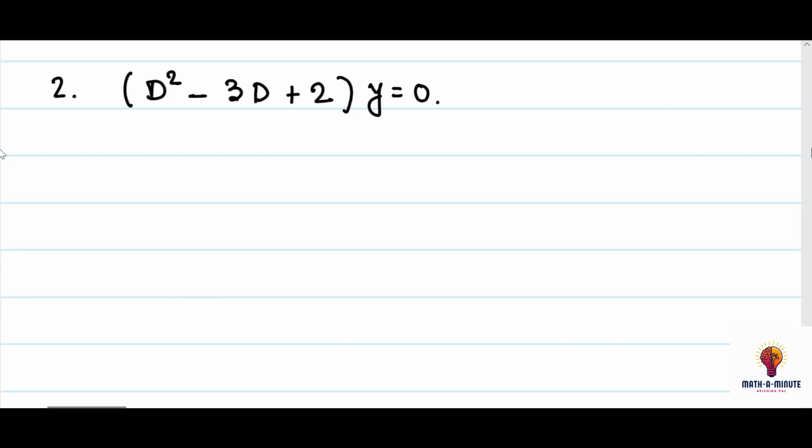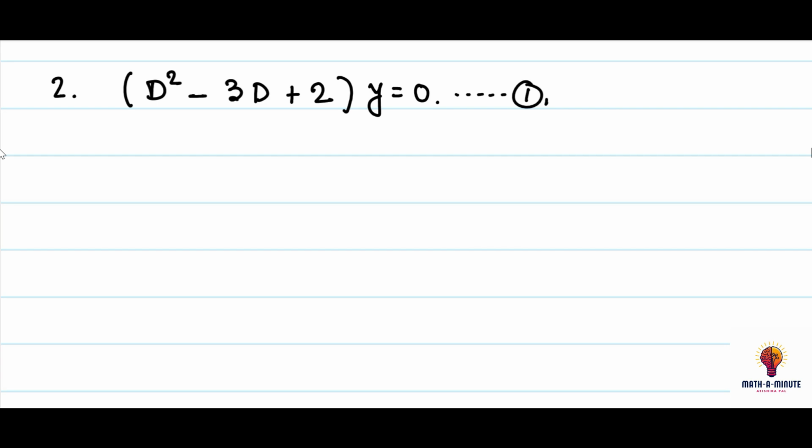Now pause this video and try to solve this differential equation, means try to find the complementary function. The given equation is already a homogeneous equation, so we don't need to rewrite it. Let me take this equation as equation 1.